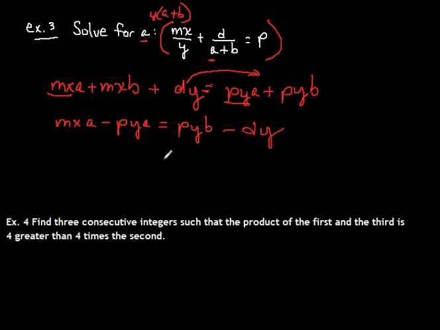You can just type in stop if I'm going too fast, and I'll stop the video and try to explain it better. So we take out the A, so we get MX minus PY equals PYB minus DY. And I think I got the wrong answer. Hold on 1 second.